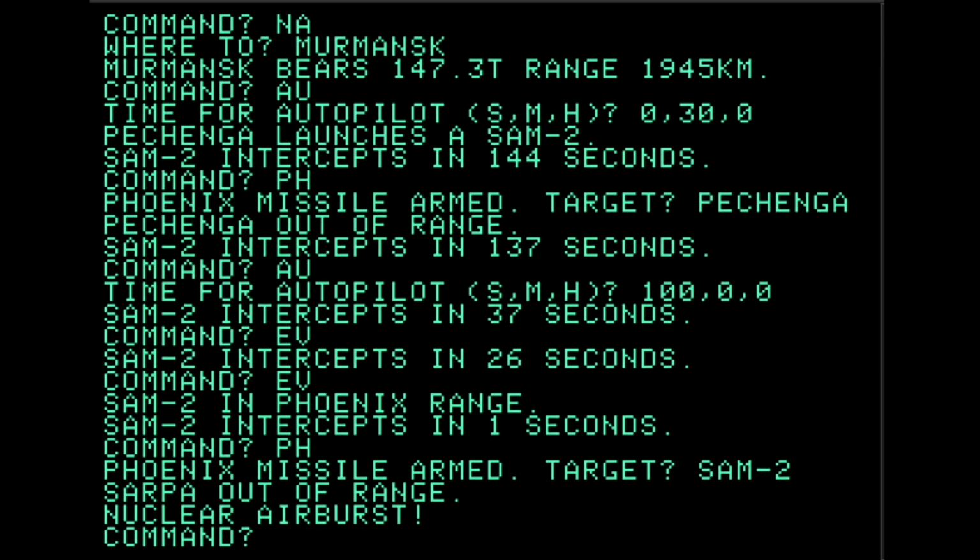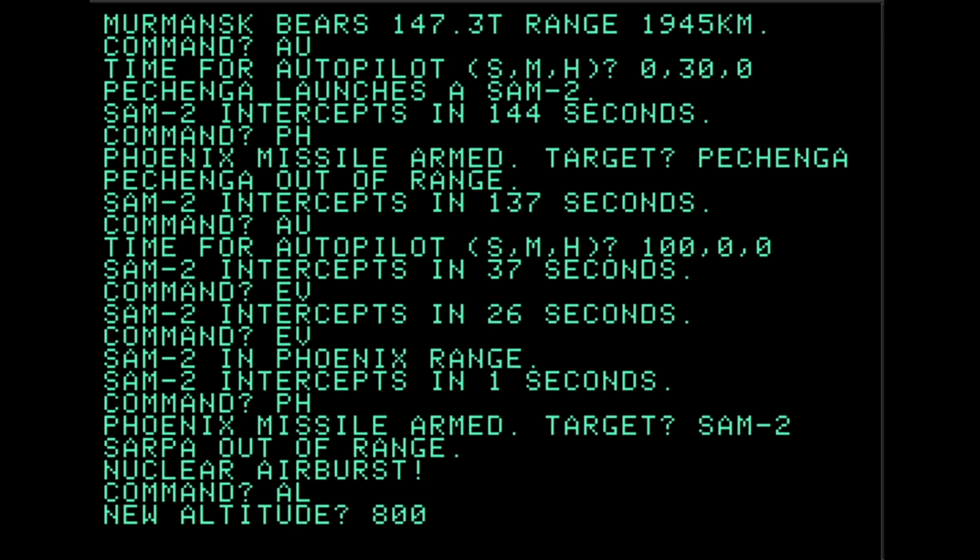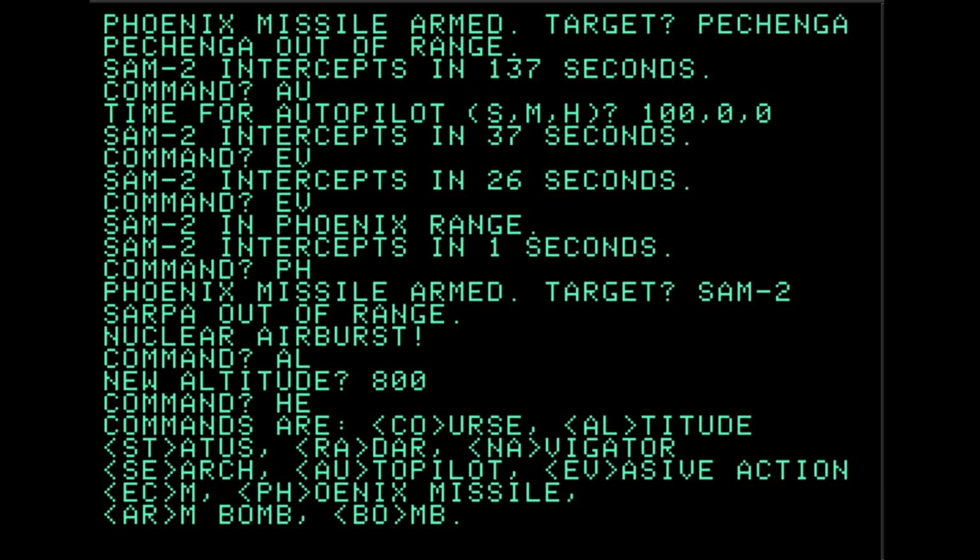Oh, we didn't die. Wow, that's amazing. Let's reset our altitude. Maybe they think they got us. I don't think there's any kind of damage status. So obviously SAM-2 decided to aim at this base, so that didn't work.